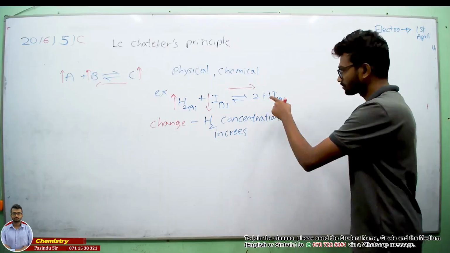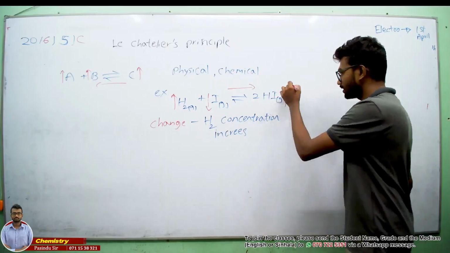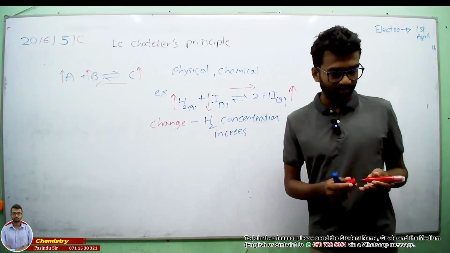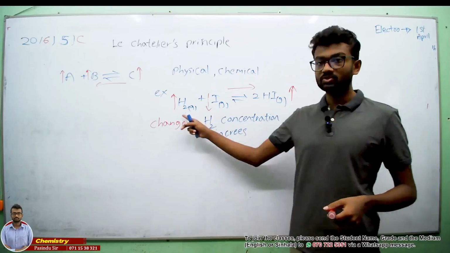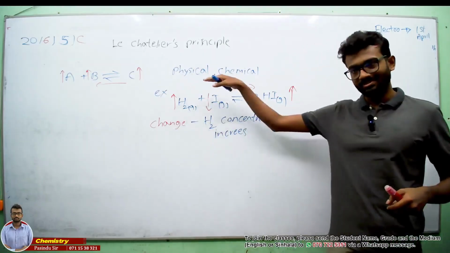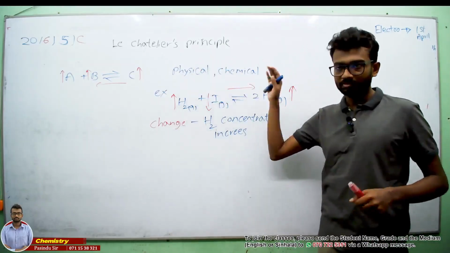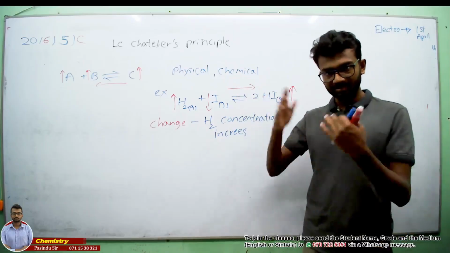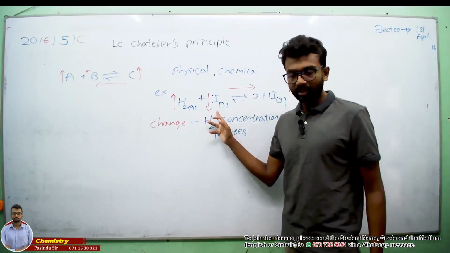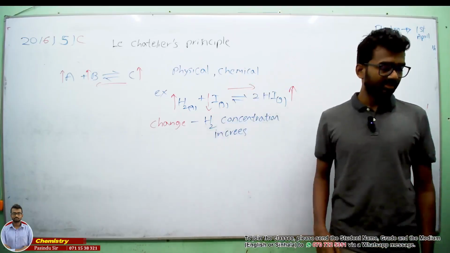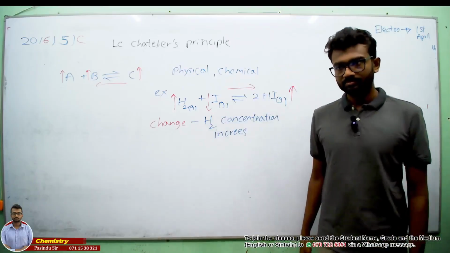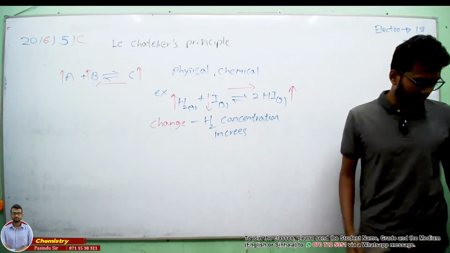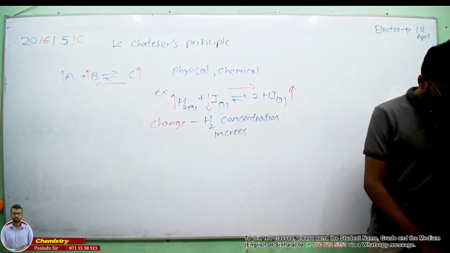And HI increases. It doesn't reduce the H2 below what it was, since we added it. After adding, a small amount is reduced, but it's still higher than the previous value. I2 is lower than at the original equilibrium, and HI will be higher than at the equilibrium.